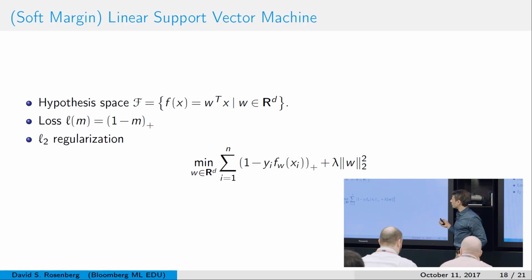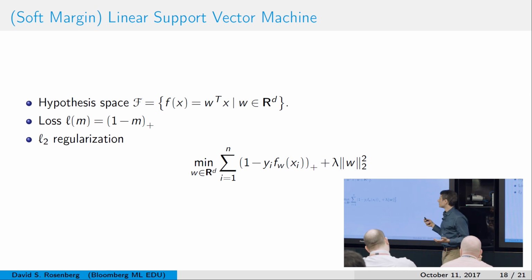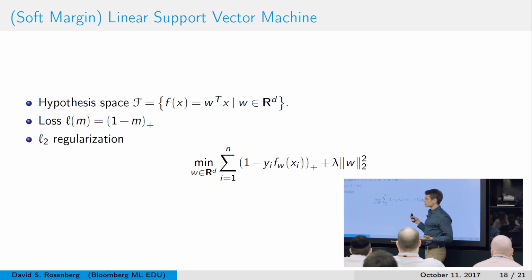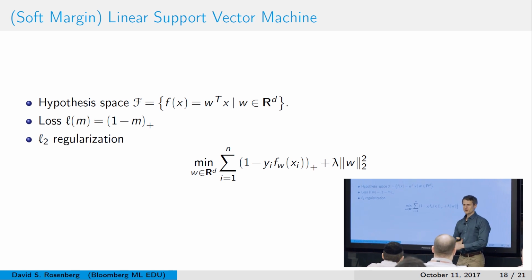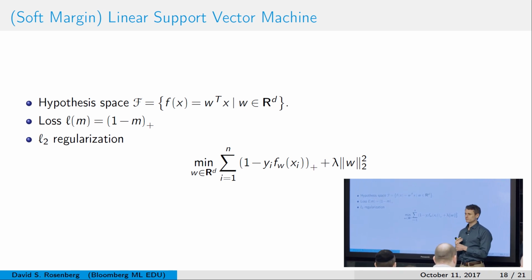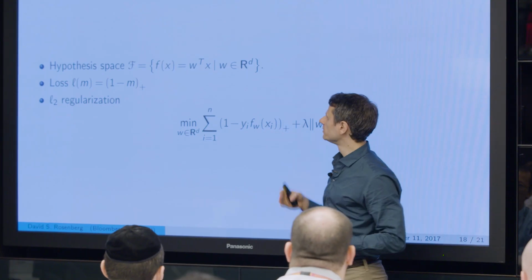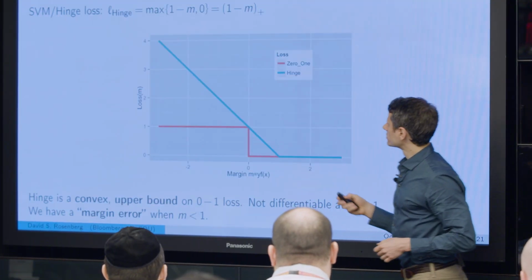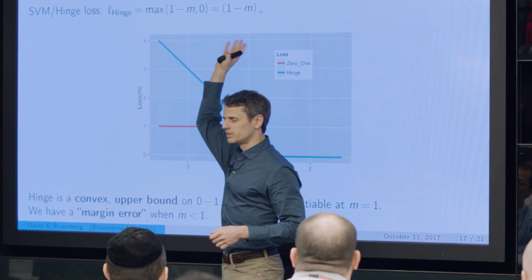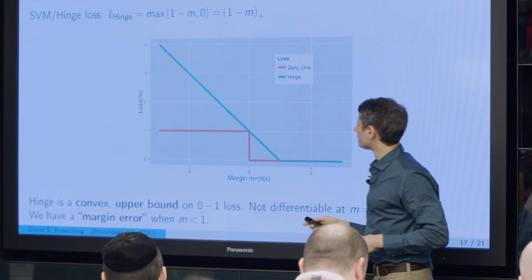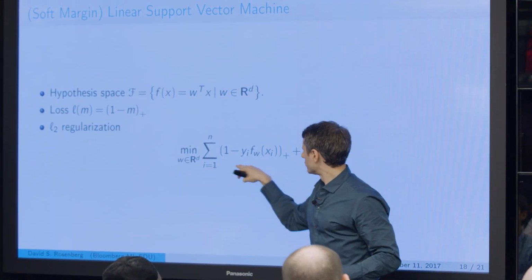So we now have all the tools to define what the soft margin support vector machine is. And we'll just do it now. Soft margin support vector machine. Our hypothesis space is a space of linear prediction functions on some input domain, R^d. The loss function is this hinge loss, the mathematical expression of which is here. And we can look at that more carefully in a second. So we have the average.